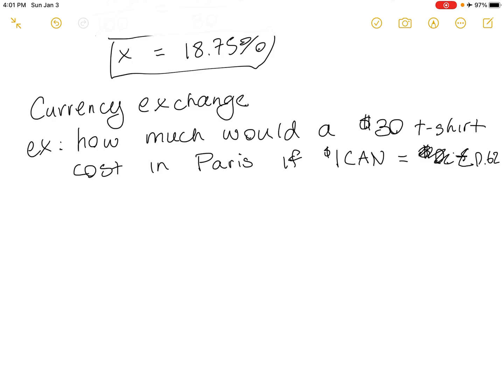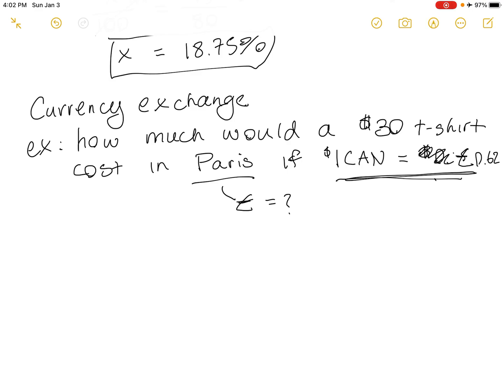So $1 Canadian equals 0.62 euros. How much would a $30 t-shirt cost in Paris? So in Paris, it's going to be in euros, right? We're looking for the price in euros of $30 Canadian. And this is the exchange rate.